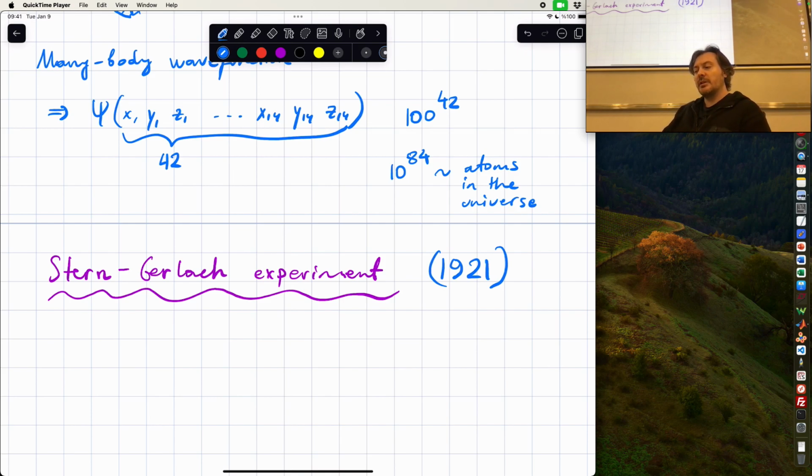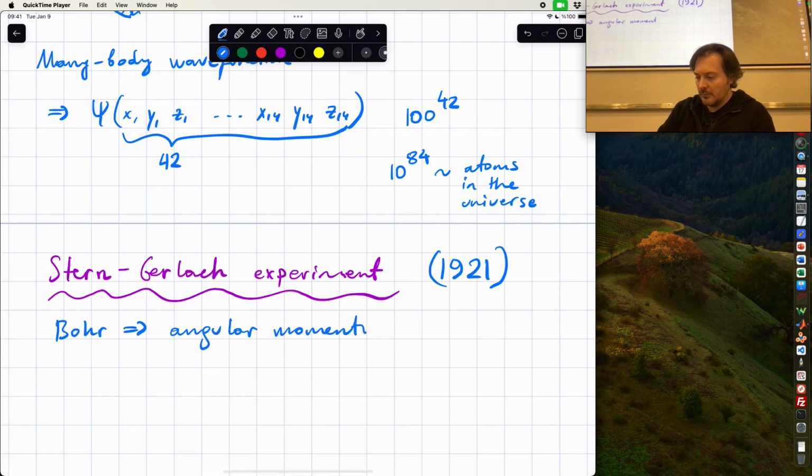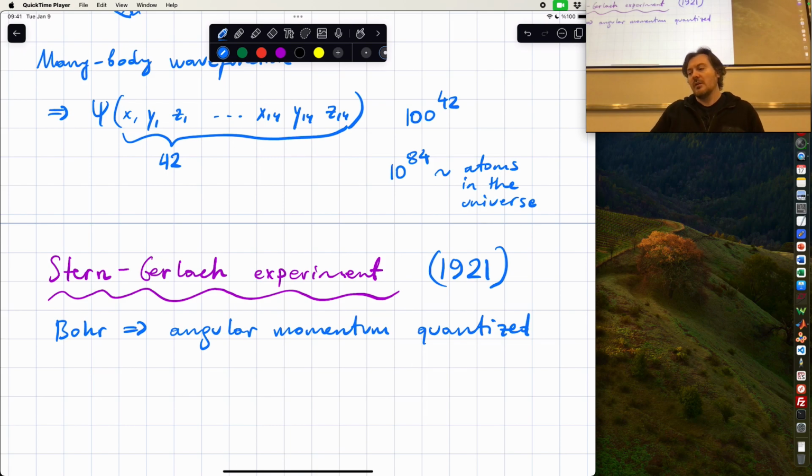Back in the days when Bohr was the main actor, his idea was that angular momentum is quantized. Do you remember this stuff? Angular momentum being quantized. So, what was angular momentum?